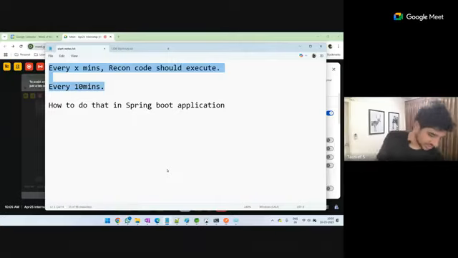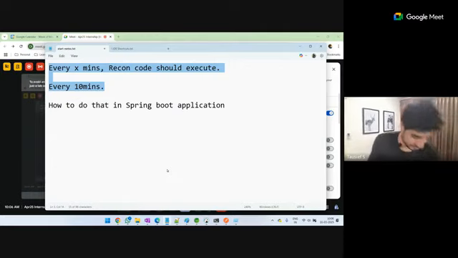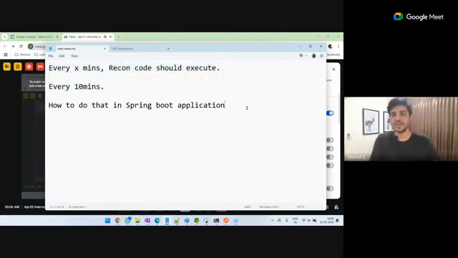So it need not be just Spring, but any other system also. So it will be required. Now comes the point of how we can apply that. And the requirement itself is going to tell you what needs to be done.